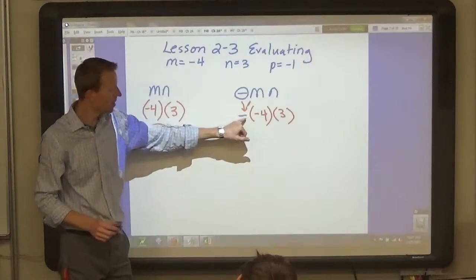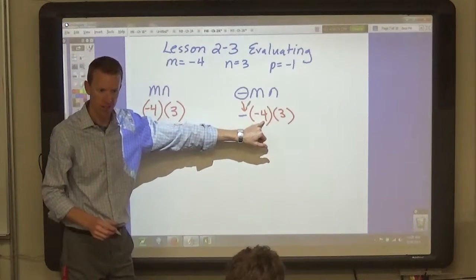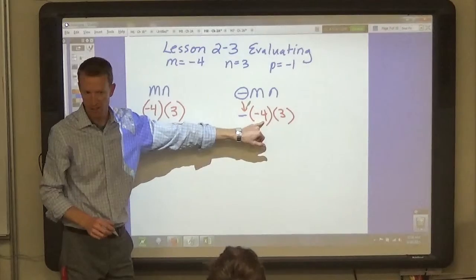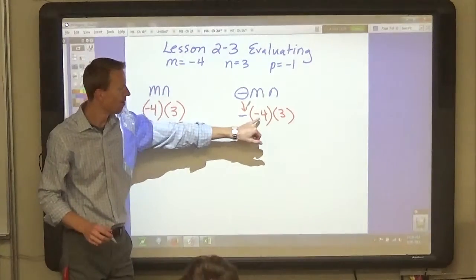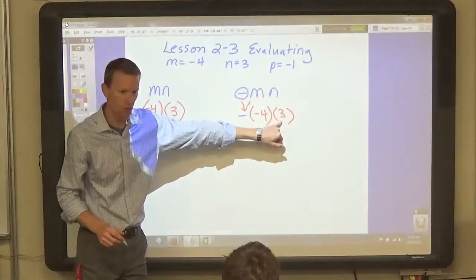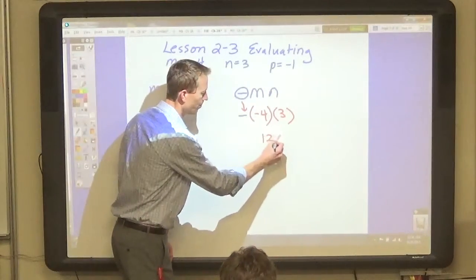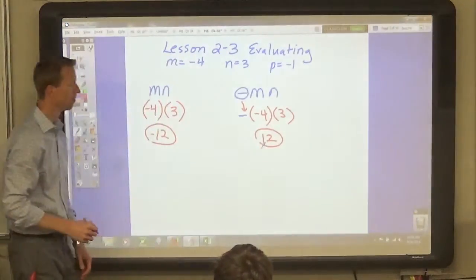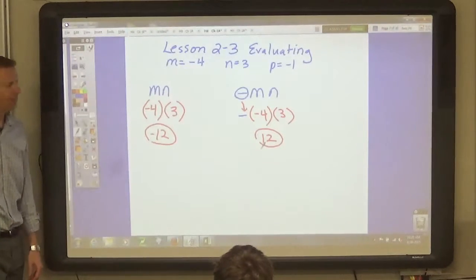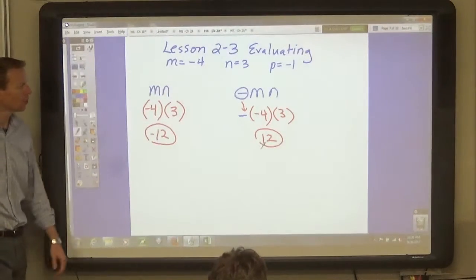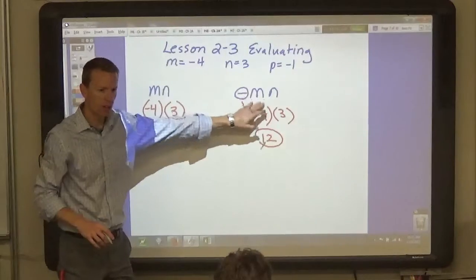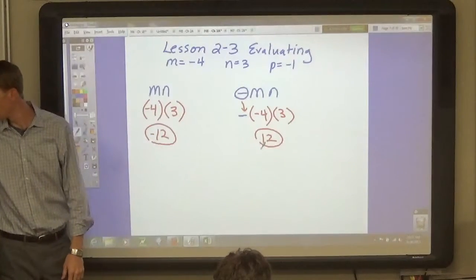It means the opposite of negative 4. So it's 4 times 3, which is 12. Positive 12. Okay? So you've got to be careful where those negative signs are when you're substituting.